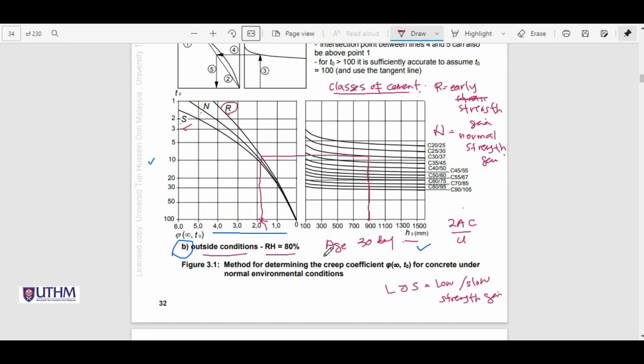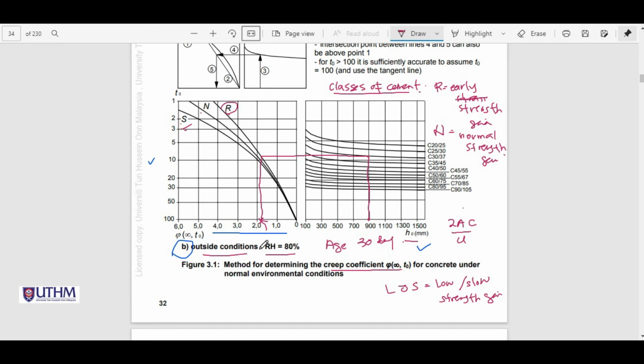So we use age 30 days, and the class is R. So this answers your question on how to get the final creep coefficient.